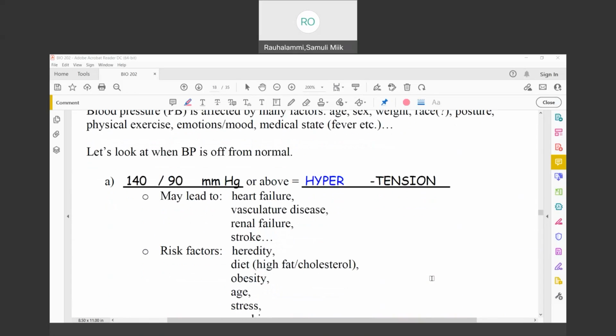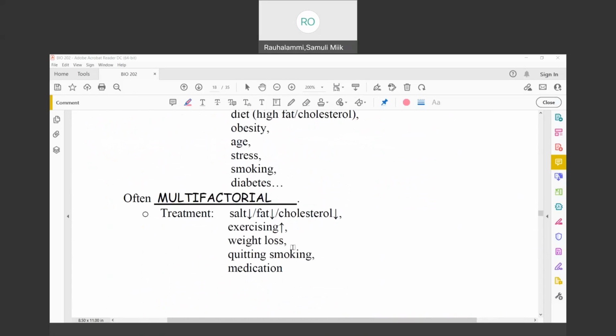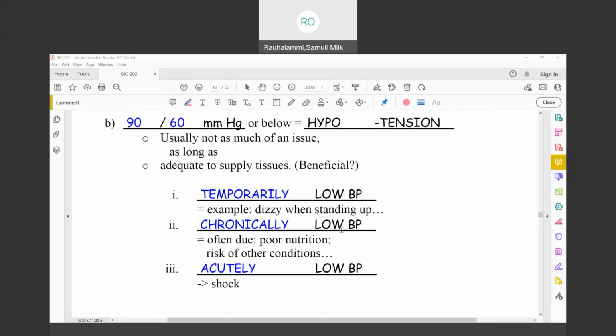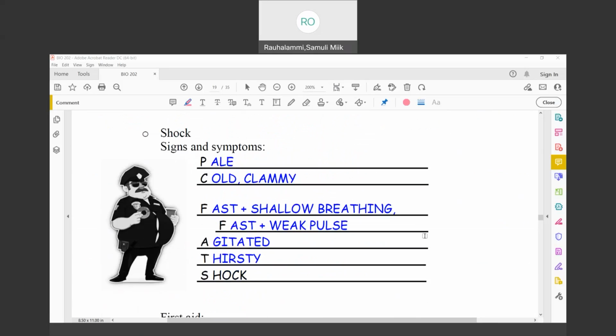High blood pressure, hypertension, clinical criteria 140 over 90, had multiple negative outcomes associated with it, often multifactorial, whereas low blood pressure, hypotension, depending on what's causing it, can be less concerning, whether it's temporary, just getting dizzy when standing up, or chronically low blood pressure, that's often associated with poor nutrition and gives a risk for other conditions, or acutely low blood pressure, which could be a sign that we're looking at someone going into shock.